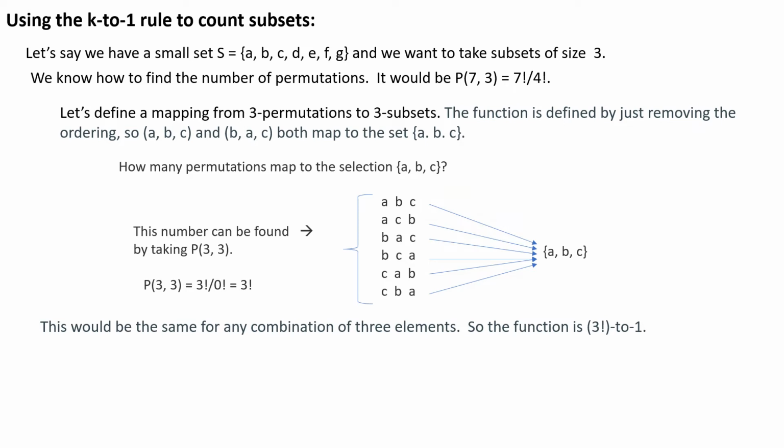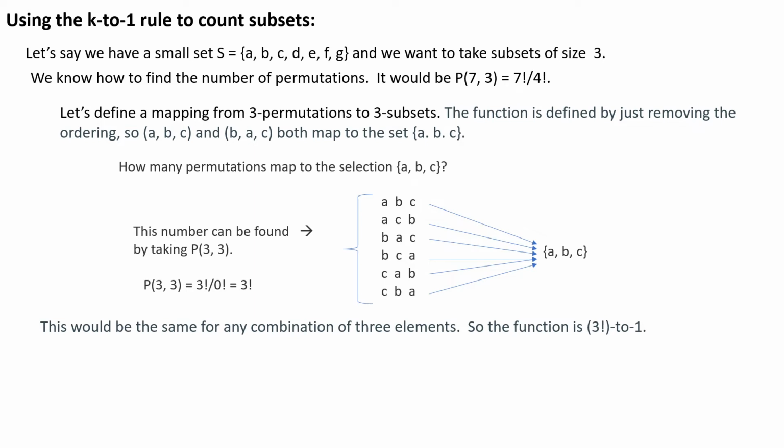And we'd see it's the same number, the permutations of 3 things taken 3 at a time, which is again 3 factorial. So no matter what the 3 elements that we are interested in, we would always get 6 permutations for each subset of size 3.